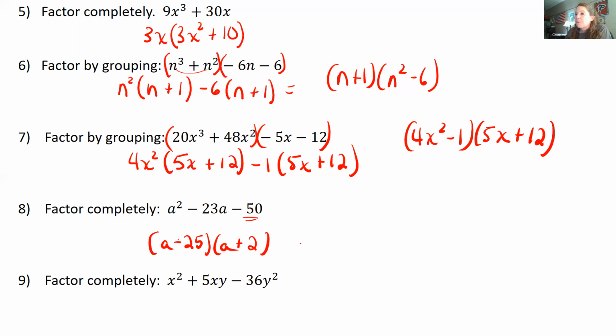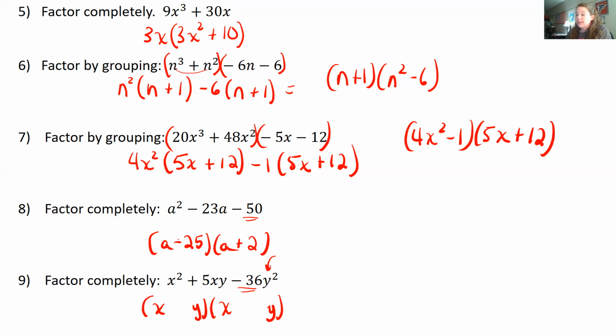So that's it. And then the last one, first thing I want to do is see if they all have any common factors, and there aren't any. So I'm going to think of two numbers that multiply to give me negative 36 and add to give me 5. Now notice that this has a y squared, so we're also going to distribute that y just like we did the x, right?